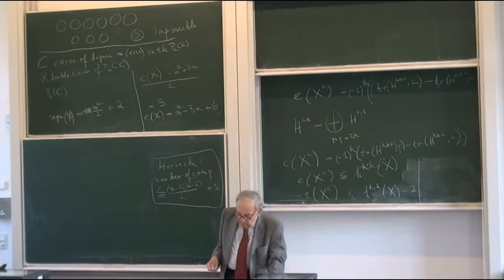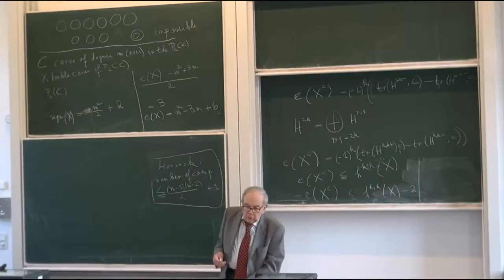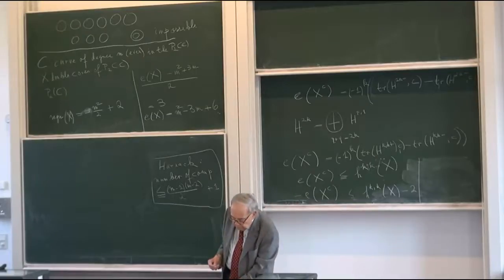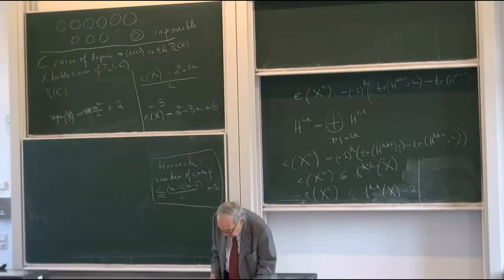Maybe I first jump ahead and tell you h^{11} for a hypersurface of degree m in a projective space. It's an easy formula, but I don't want to calculate it here.